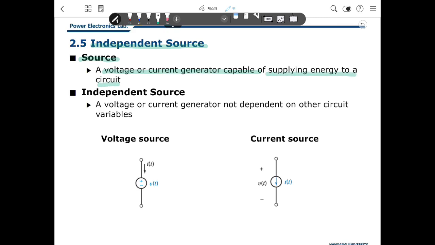So for supplying the energy, there are two types. The first is the voltage source, and the second is the current source. Among the sources that supply the voltage or current, independent means the voltage or the current is generated not depending on the other circuit variables.